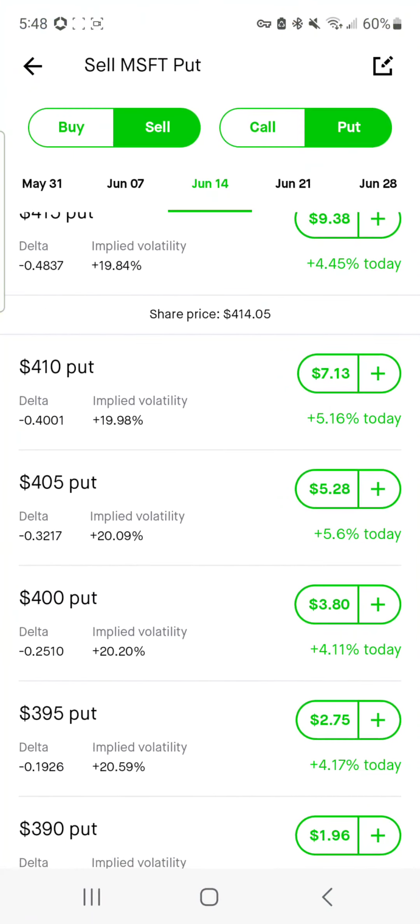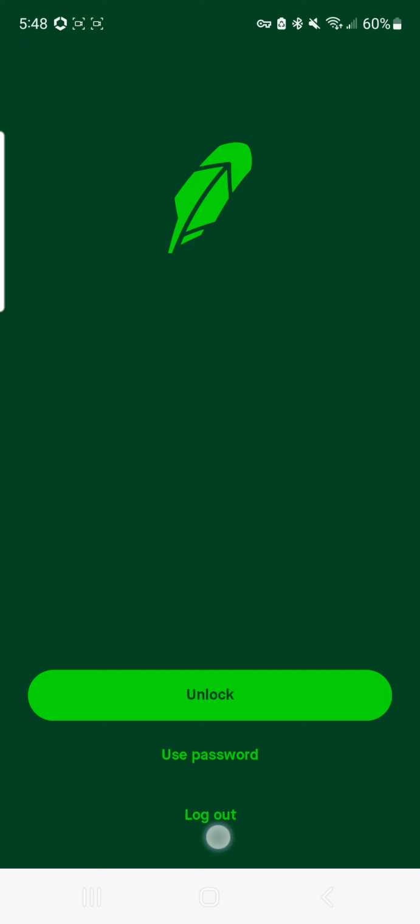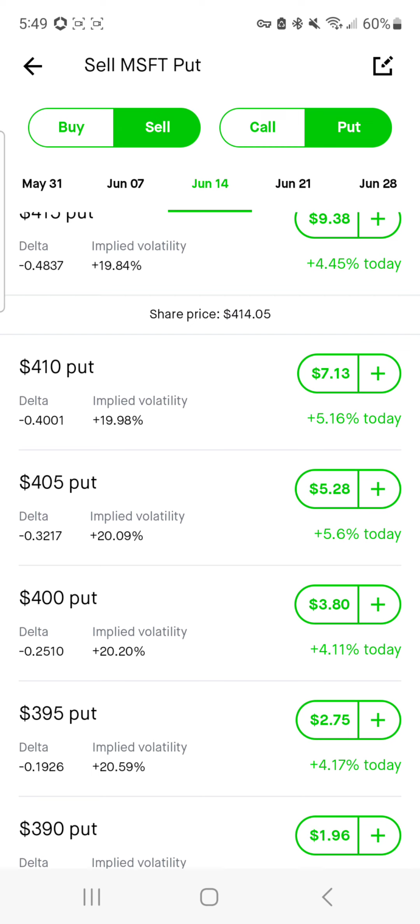So even though the delta for the 405 put is higher and you're giving yourself more time in the trade, it may not necessarily be a better annualized return, because you have more risk and you're getting less.